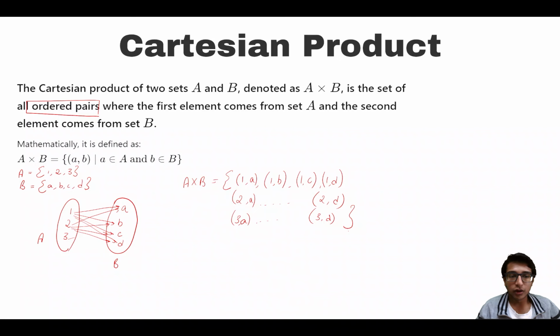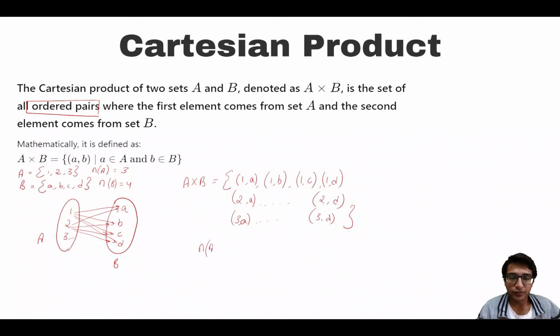Now from here, what you can see, how many elements were there in A? n(A) was 3 and n(B) was 4. How many elements do we have in our Cartesian product? There are 4 into 3, basically 12 elements.